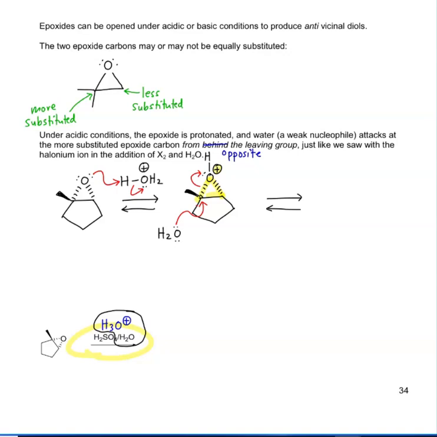So in this case, the bond to the leaving group, which is that oxygen, is going back, which means that the water came in from the front. That's going to end up pushing this methyl group that I just highlighted as blue back. So what you get is the methyl pushed back.